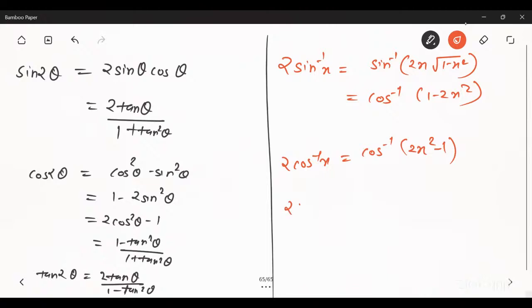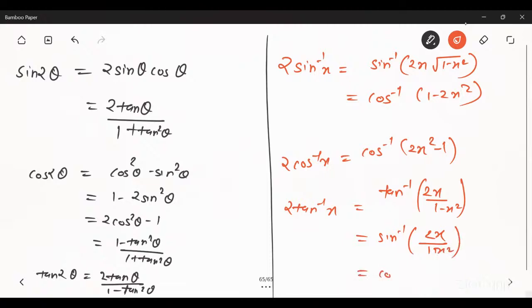And the formula of 2 tan inverse x is tan inverse of 2x upon 1 minus x square. Next formula is sine inverse of 2x upon 1 plus x square. Next formula is cos inverse of 1 minus x square upon 1 plus x square.